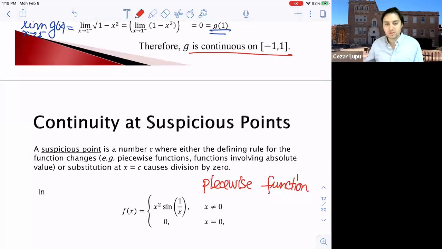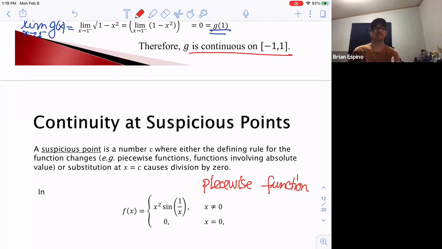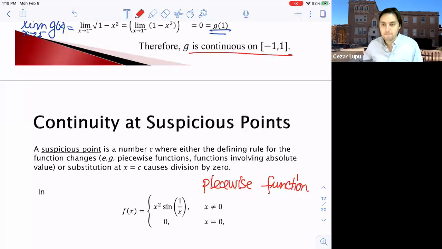Something is odd, needs to be changed. What is odd exactly in here? So you see, first of all, what is the suspicious point? Well, it's suspicious, but what exactly is suspicious, right? Let's be clear here. Okay, let me put it this way. 1 over x.